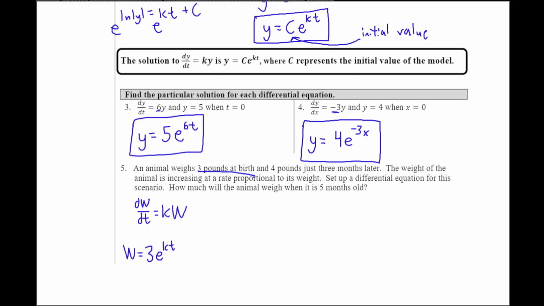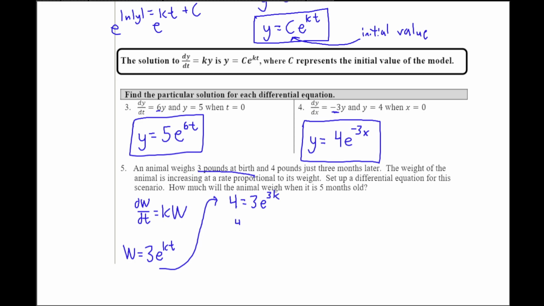Now we can see that at 3 months, the weight is 4 pounds. So when t is 3, W is 4. That's how we can find out what k is. So 4 is equal to 3e to the 3k, because t is 3.